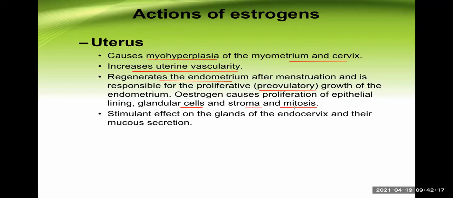So this is the function of estrogen there. The most important action of estrogen lies in the pre-ovulatory or proliferative phase. Estrogen has a stimulant effect on the glands of the endocervix and their mucus secretion. So these are the actions of estrogen on the uterus.